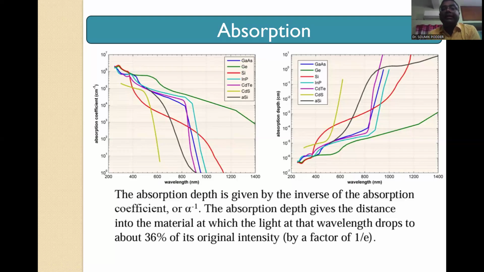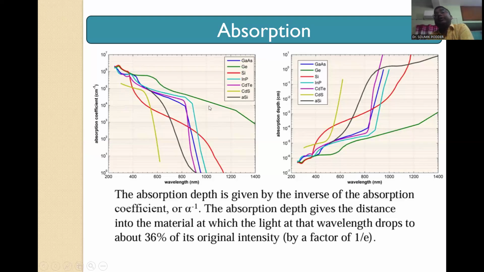That's why it will appear yellow in color, because it absorbs the yellow light. For germanium, it is slowly decreasing, and for silicon it is also decreasing, but at a comparatively steeper rate than germanium.